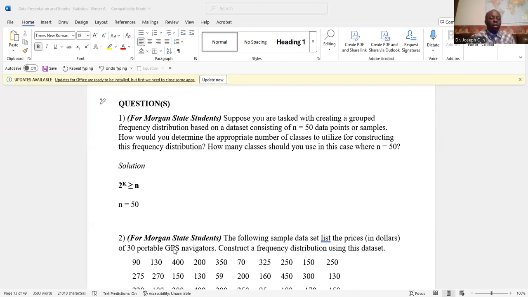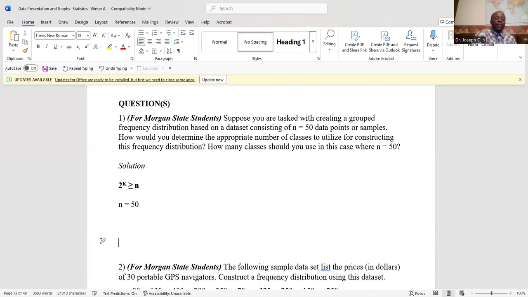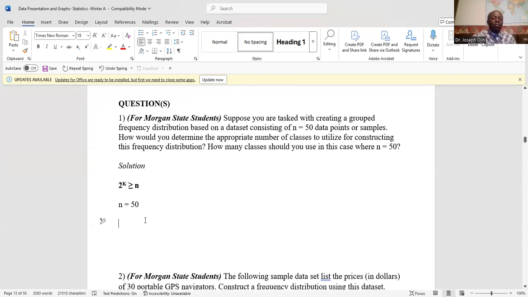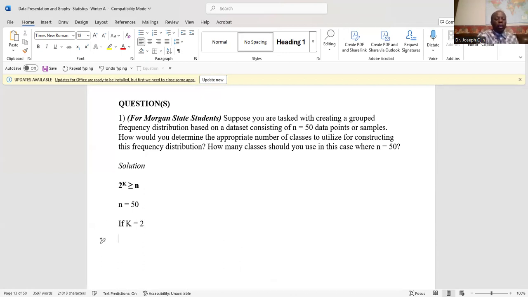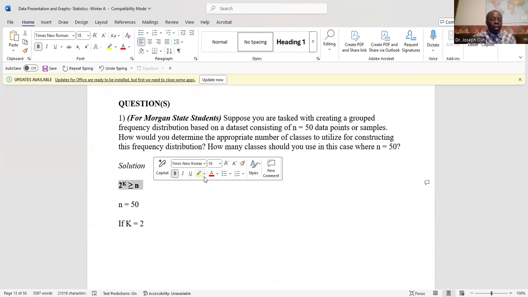So all you got to do is find how many classes to use, to find k. To find k, just start trying different numbers for k. Let's say k is 2. Then you do 2 to the power k, and n is 50.